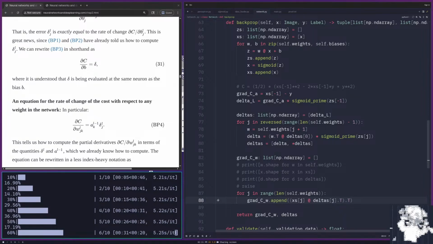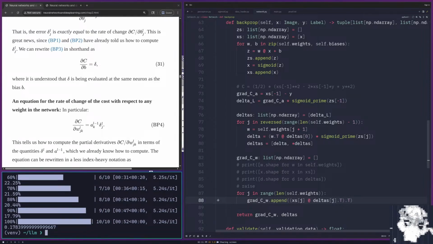All the way back down. I mean, it did better than before. I'm not confident that this does what I want to do.